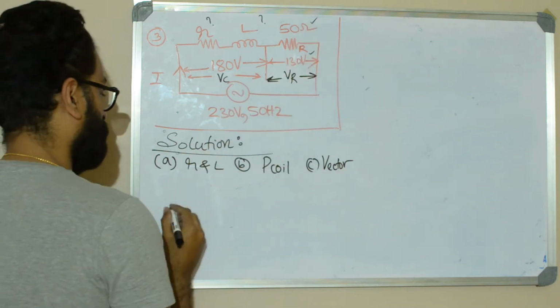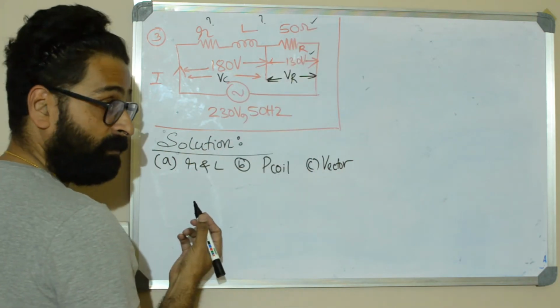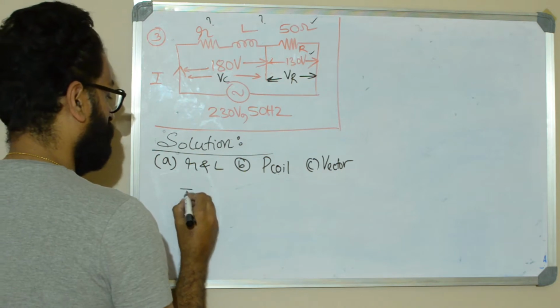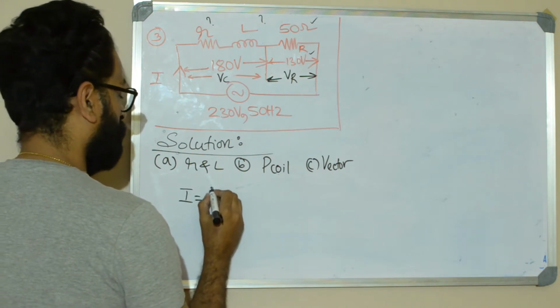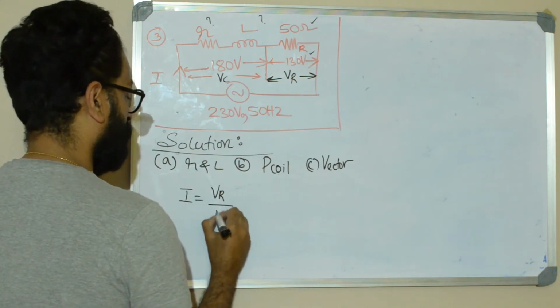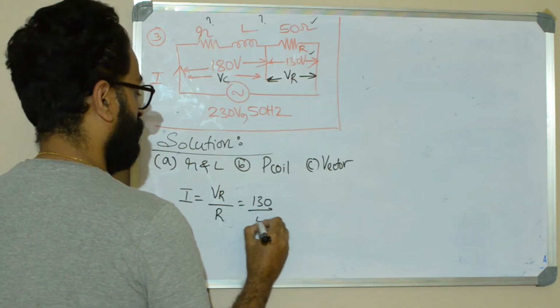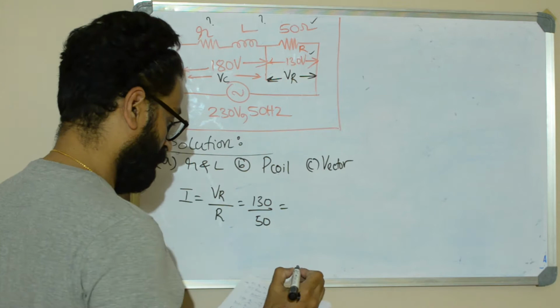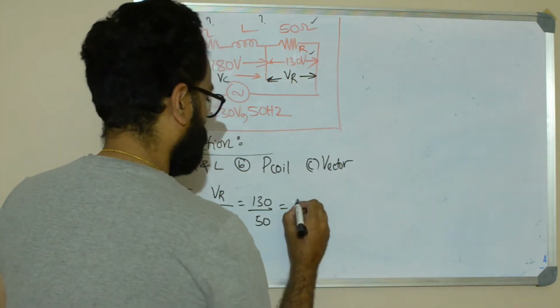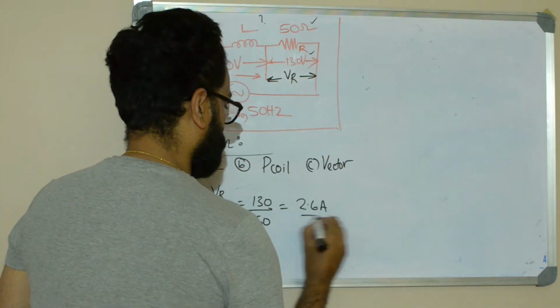Having known the resistance and the drop across it, we can find the current, that is I is equal to VR divided by R. VR is 130 and resistance value is 50, so that will give you a current value of 2.6 amperes.